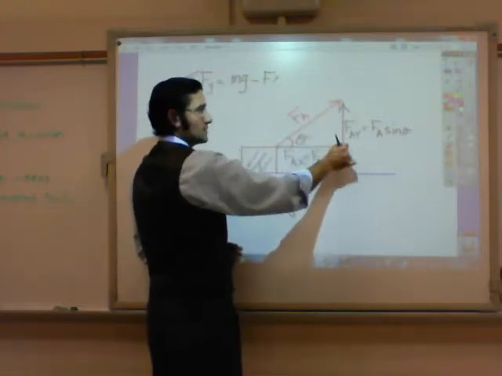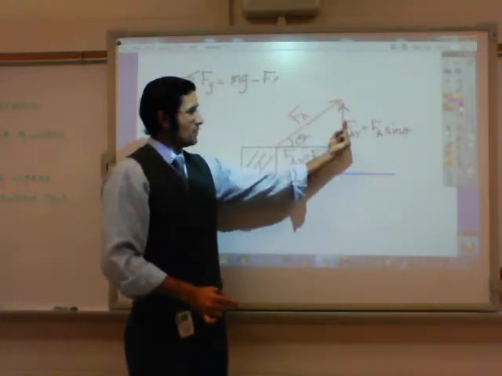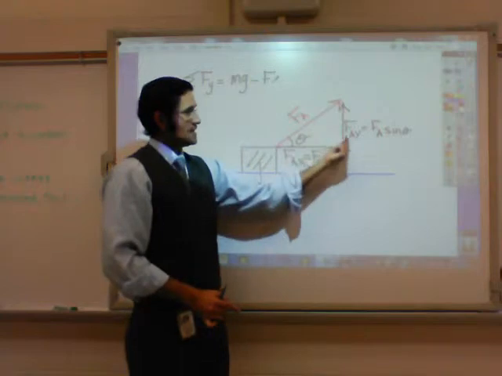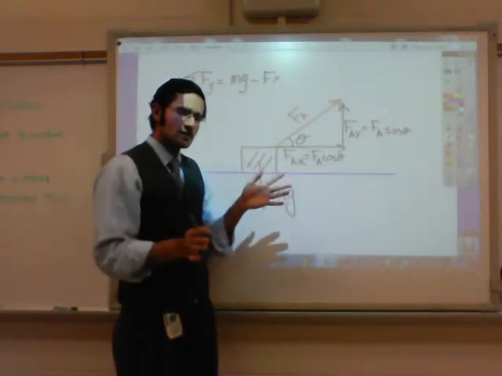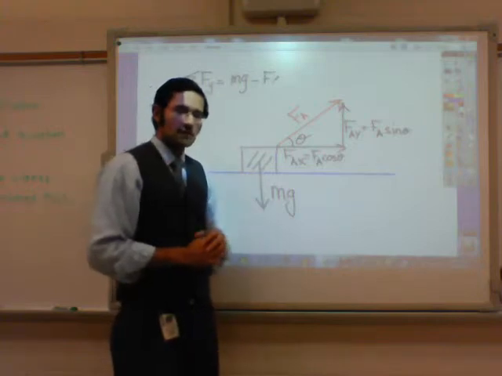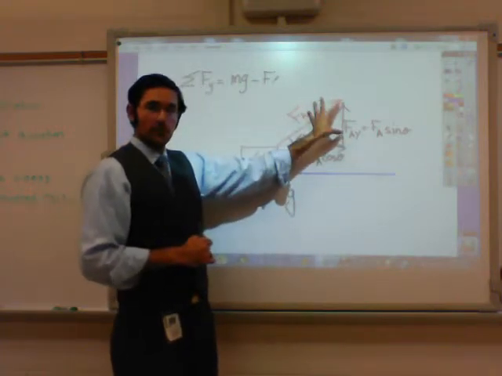The rope is pulling up, so I'm going to subtract this out of this because the force of gravity is pulling down, but the rope, which is connected to the box, is pulling the box up. So these two forces are going against each other. That means the box is not going to press against the ground as hard as it was when there was no rope.